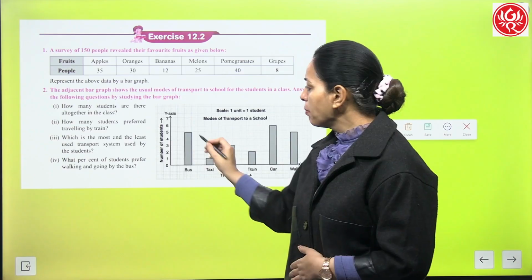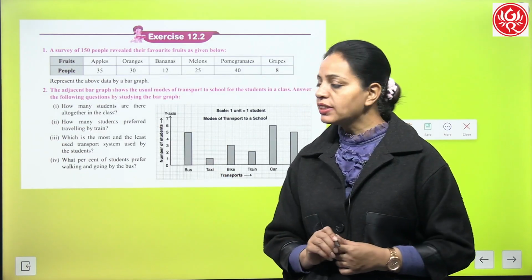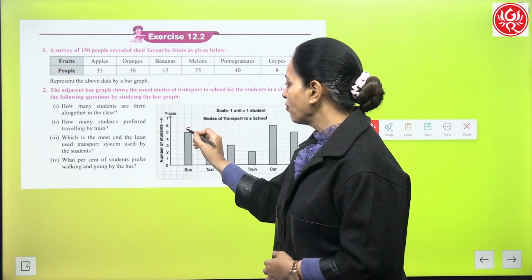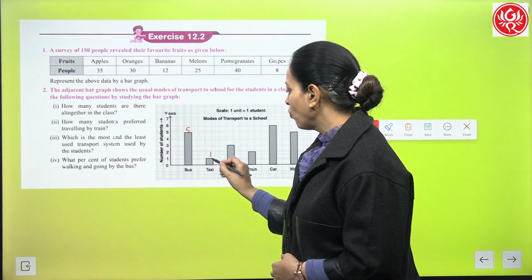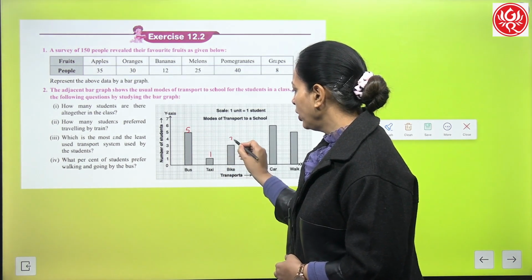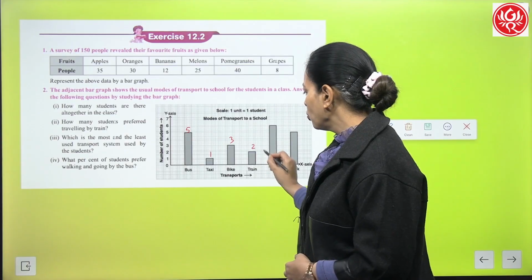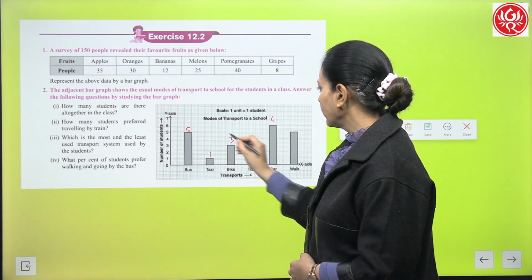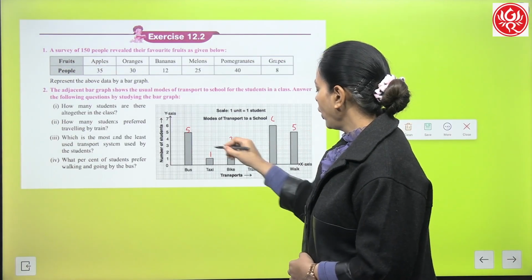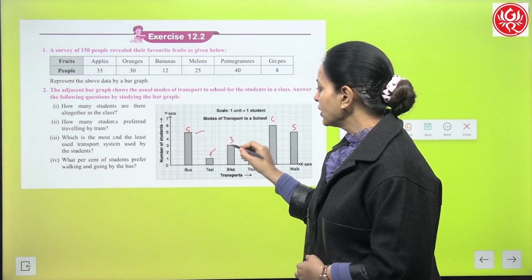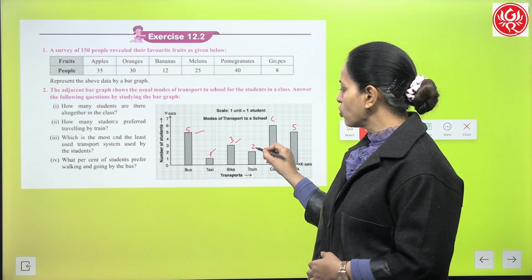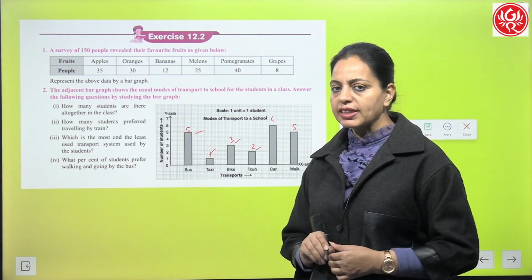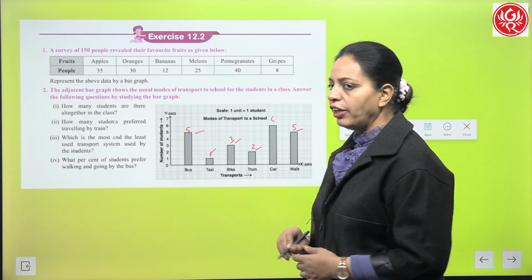So you can see by bus 5, by taxi 1, by bike 3, by train 2, by car 6 and by walk that is also 5. So add all, 5 plus 1 is 6, plus 3 is 9, plus 2 is 11, plus 6 is 17, plus 5 is 22.